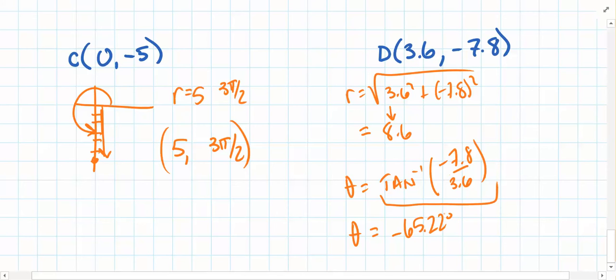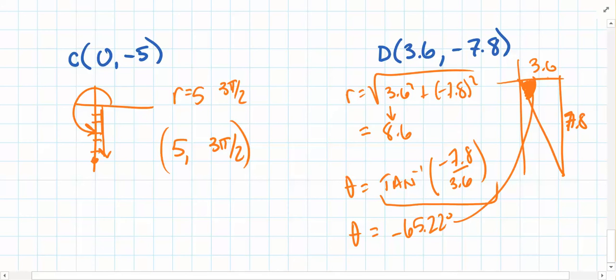-65.22. Now, that's not the angle that we want, because think about drawing this, right? I would go over 3.6 units and then down 7.8. So the angle that the calculator gives me is this angle right here. That is -65. So we want to do the other one. We want to do the positive angle.